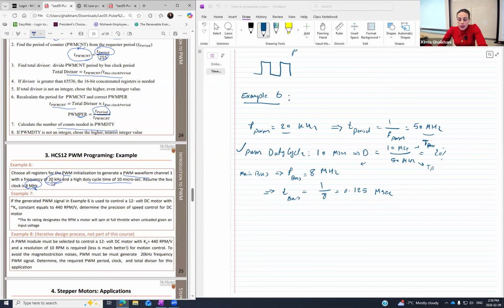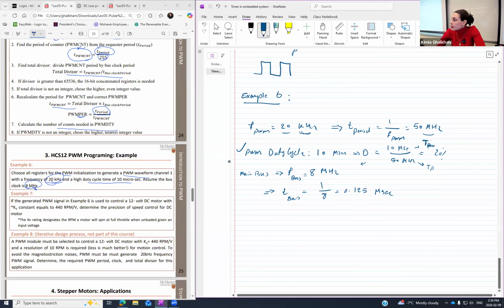And then I have T period, which is going to be 1 over 20 kilohertz. Remember, this is kilohertz. So then it becomes 50.